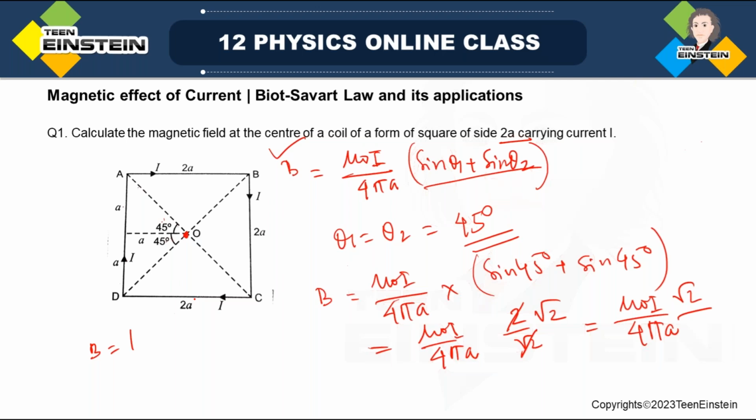So this is for only one, I have to multiply 4 with that, and then we get the magnetic field.